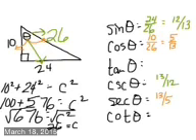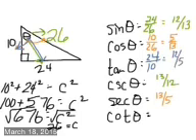And then to do the tangent, I do opposite side, 24, over the adjacent side, 10. What's 24 over 10 reduced to? 12/5. And if I know the tangent, how do I get the cotangent?